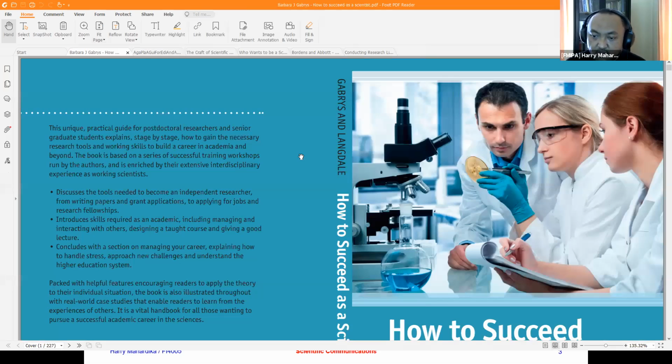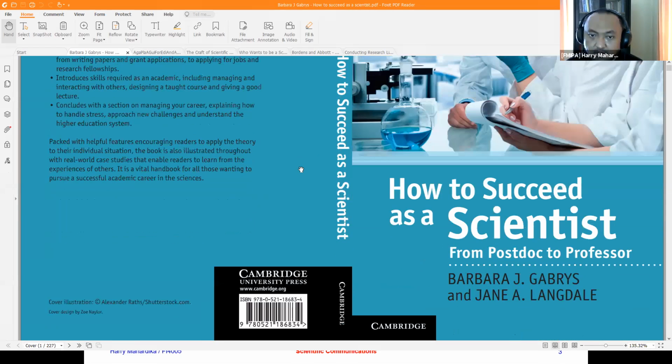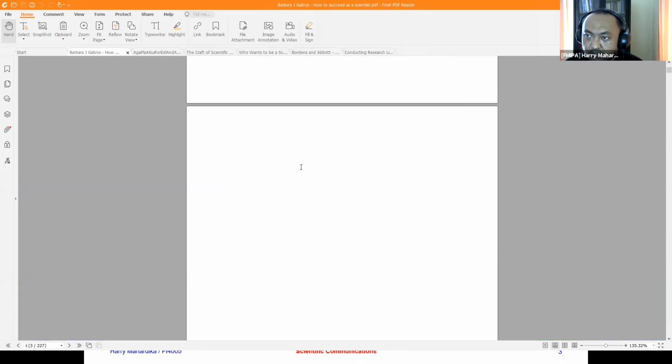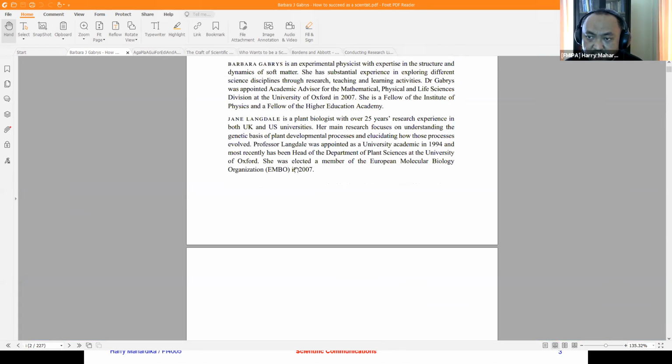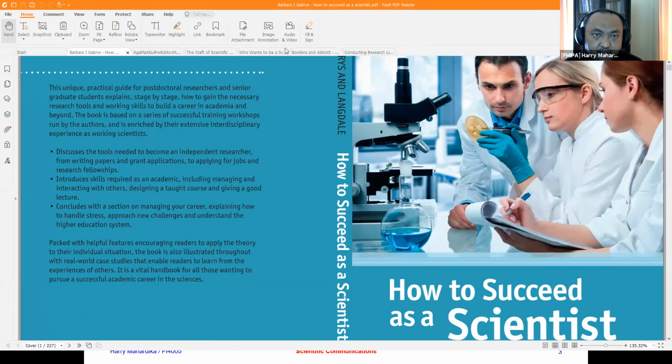Again, even though the book is intended for postdocs to professors, there are some chapters that are relatable to our own activities as a senior in your bachelor degree.